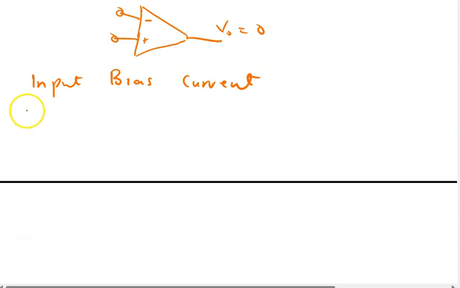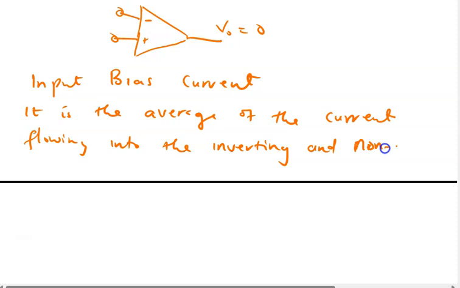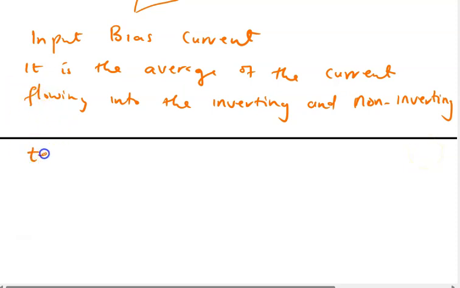It is the average of the current flowing into the inverting and non-inverting terminals of an op-amp, which ideally should be zero, but is non-zero in practical op-amp.